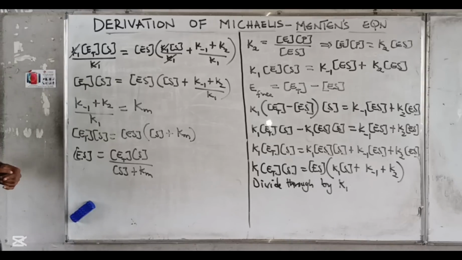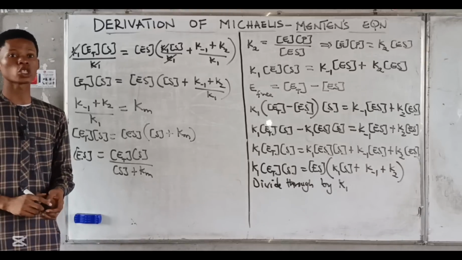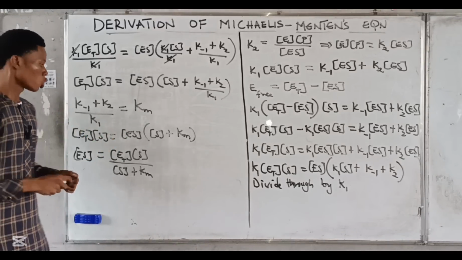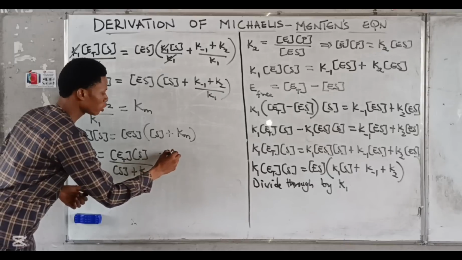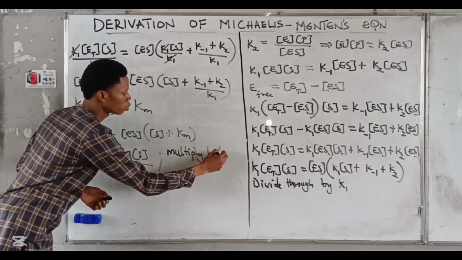We're almost there. Now, the last step: what you have to do is multiply through by K2, and that's the last step. Then you get your Michaelis-Menten's equation. So, multiply through by K2.